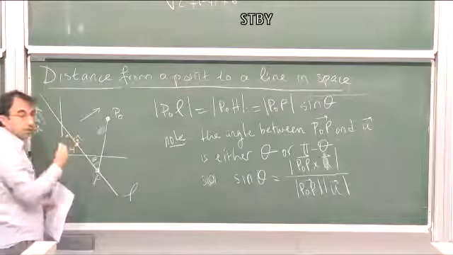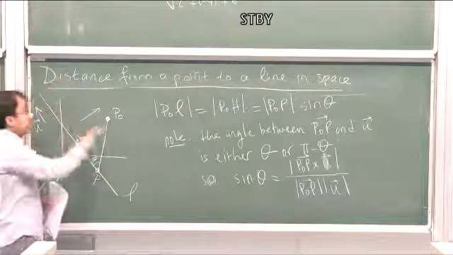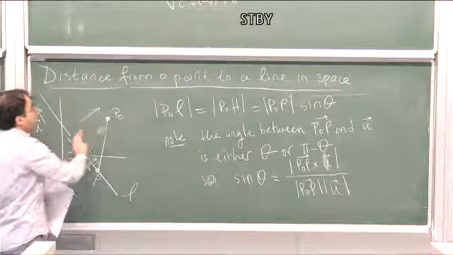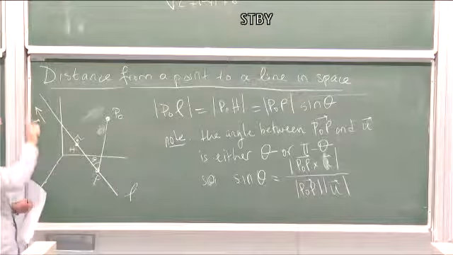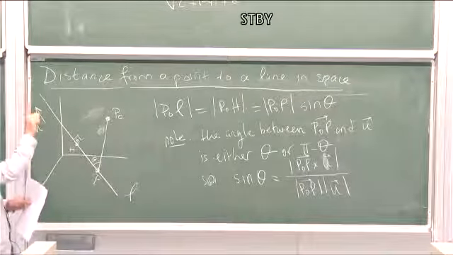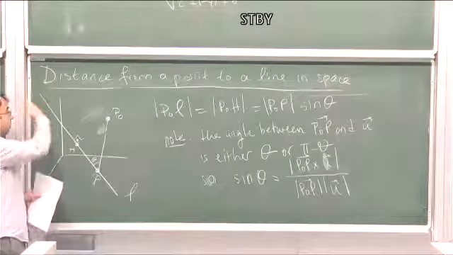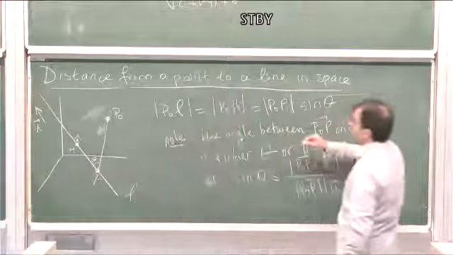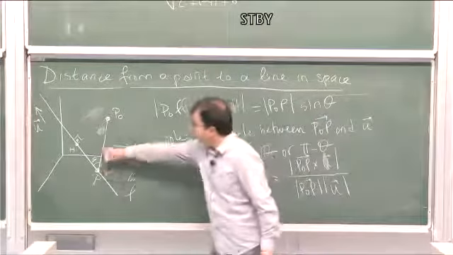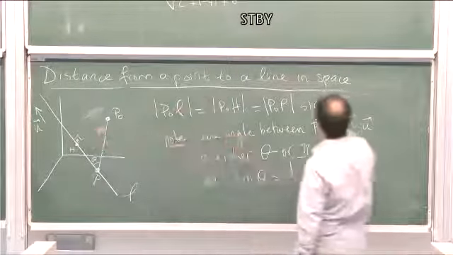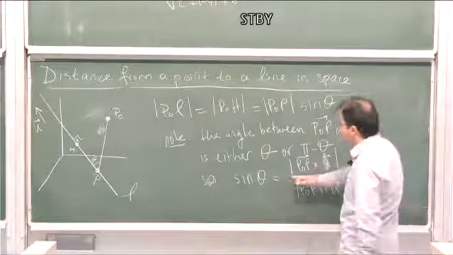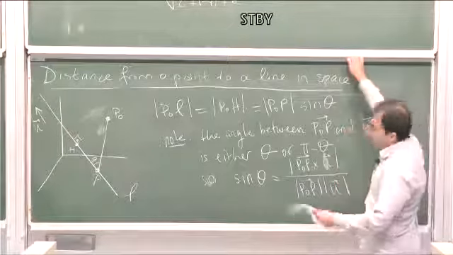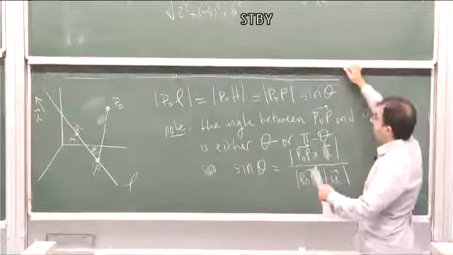So it would not be useful, as we did in the planes, to call this angle theta. It worked for the plane because for the plane we use the normal vector, which is perpendicular to the plane. Here we use a vector which is parallel to the line. That's why we proceed calling this angle theta and writing this distance depending on sine theta, then compute sine theta as the length of the cross product divided by these lengths. Anyways, let's now proceed.